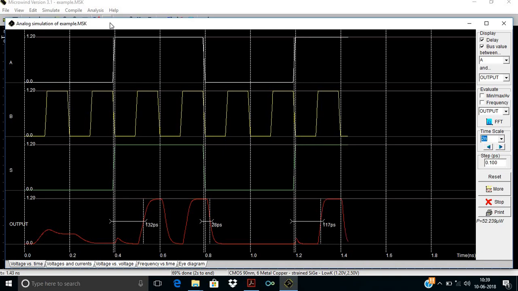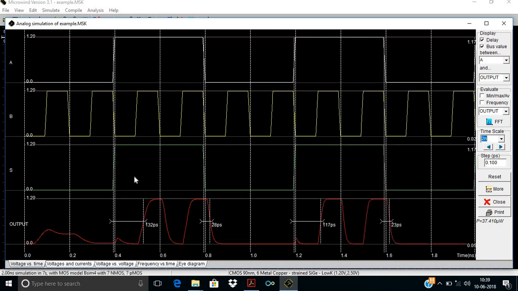Now here you can observe, when the select line is 1, it follows B, meaning 0 1 0 1 0 1 0 1, and when the select line is 0, it follows A, which is 0.